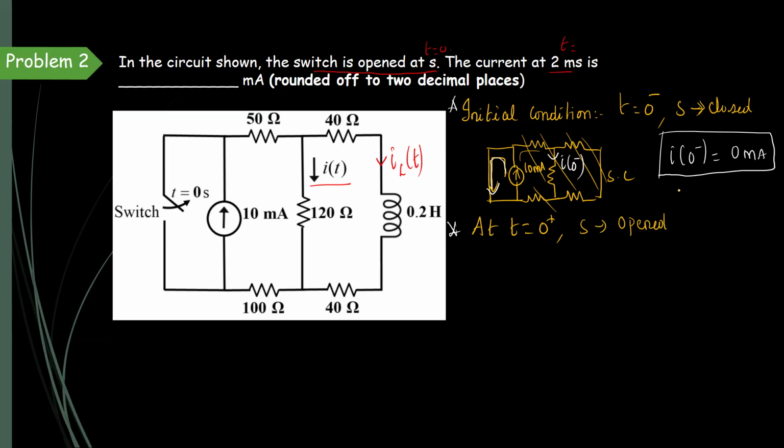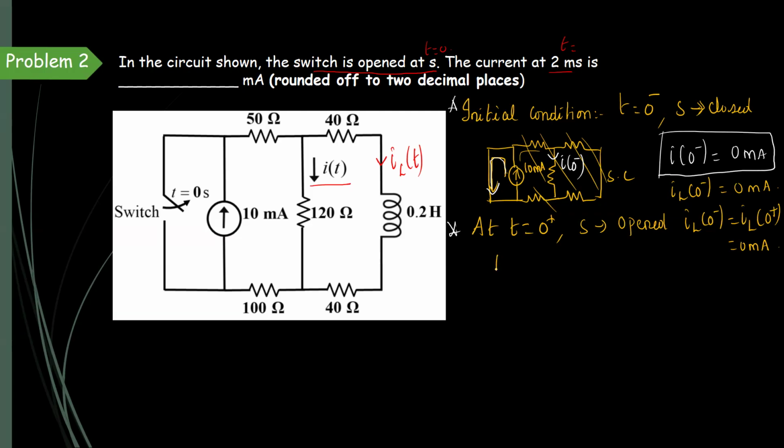Due to the inductor, IL of 0 minus is equal to 0 milliamps, and we know IL of 0 minus equals IL of 0 plus. That means it is equal to 0 milliamps. So immediately after the switching condition, the current flowing through the inductor will be 0 milliamps only.